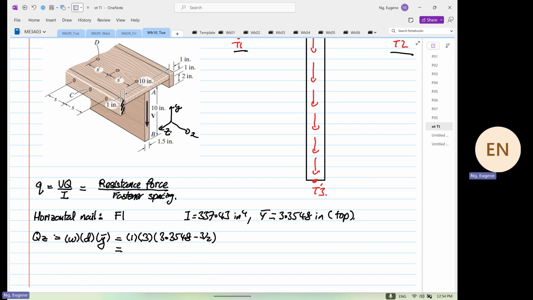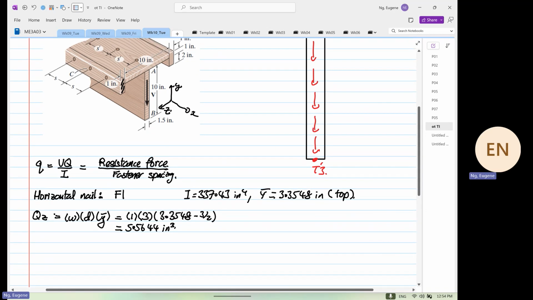So this will be equal to 3.3548 minus 3/2 times 3 times 1, which is 5.5644 inches cubed. Let me do it again: 5.5644.